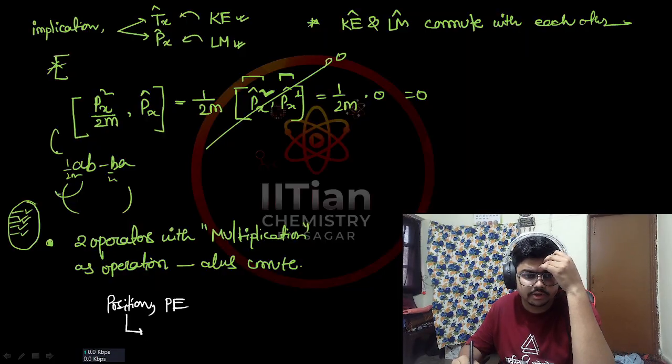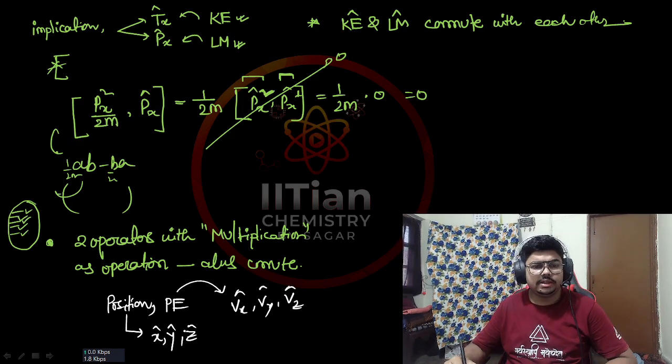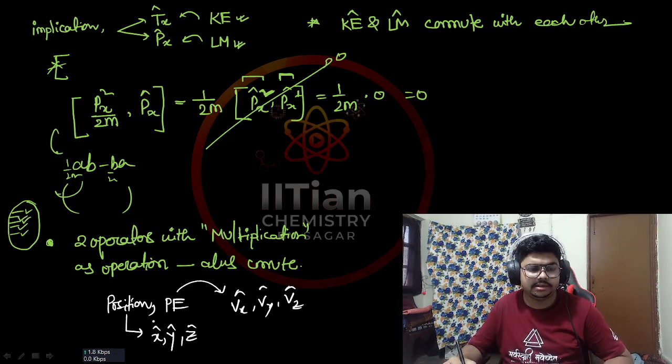How do we denote position? X or Y or Z. How do we denote the potential energy operator? Vx, Vy, Vz. So these are the potential energy operators or position operators. These always commute. What does that mean?